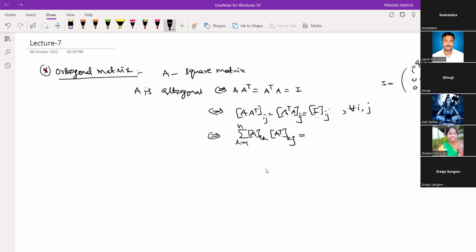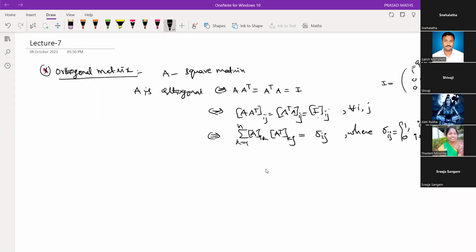Whenever the two suffixes are different, suppose you take 12, it is 0, 13 is 0. So this can be rewritten as the Kronecker delta, delta ij. So the ij-th entry of the identity matrix can be written as the Kronecker delta. What is the Kronecker delta? Whenever i equals j, that is 1, otherwise it is 0.